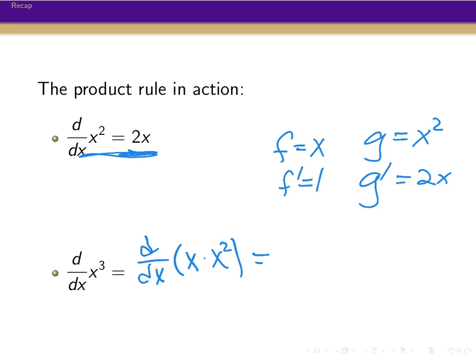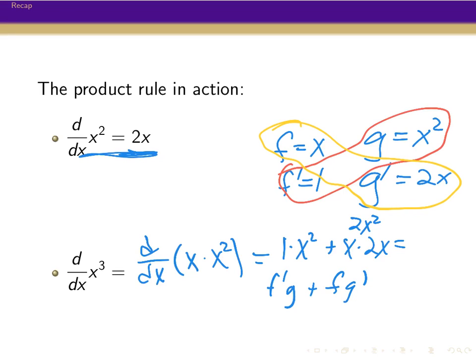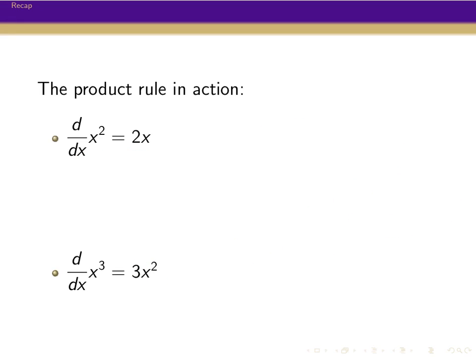And so when we're using the product rule, f prime g plus f g prime, f prime g is going to give me 1 times x squared, plus f g prime is going to be x times 2x. So this is really 2x squared, so I have x squared plus 2x squared, which gives me 3x squared. And so that's what we end up with.